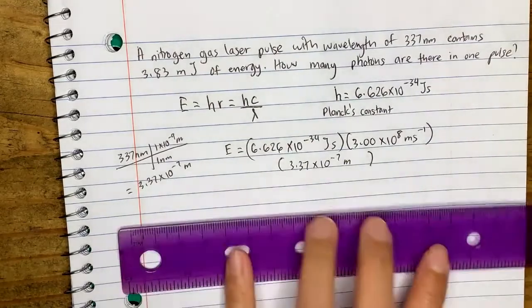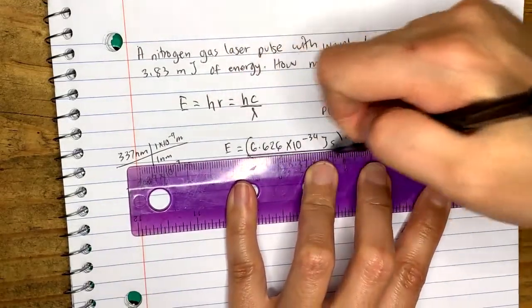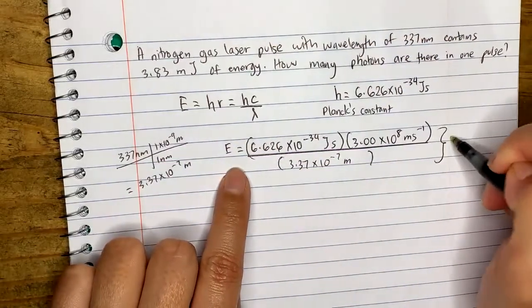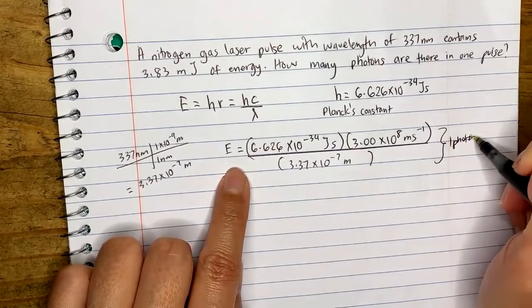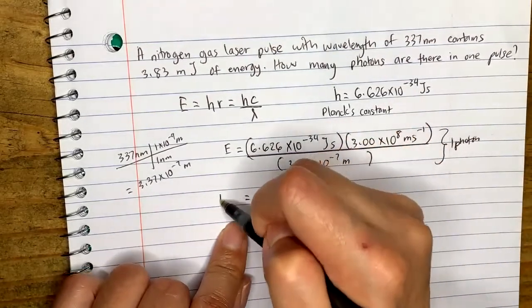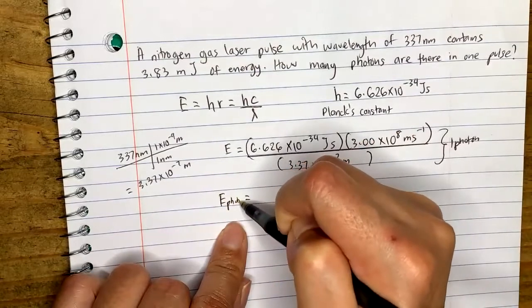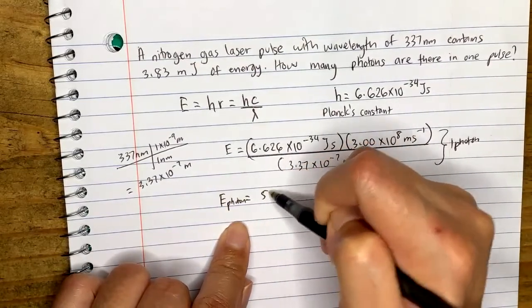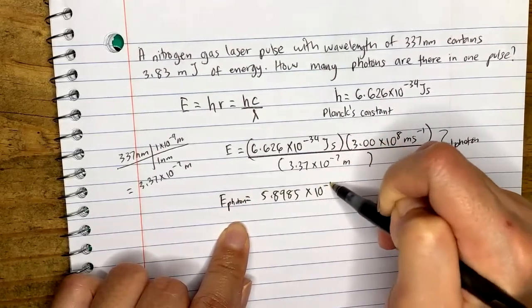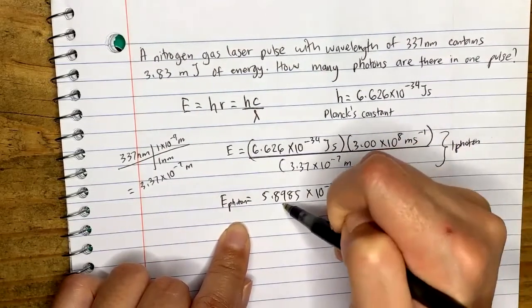So then let's go ahead and calculate the energy of that one photon. It turns out the energy of the photon is going to be 5.8985 times 10 to the minus 19 joules.